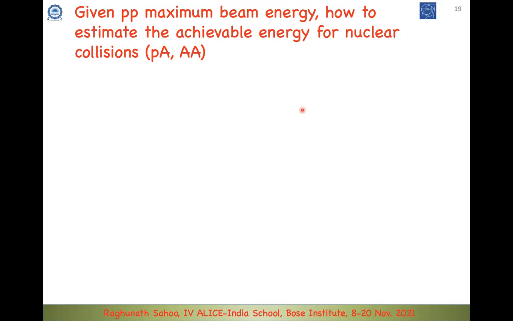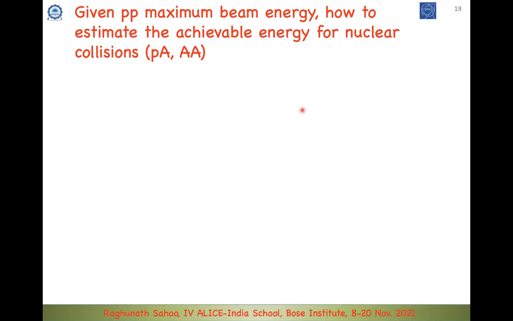If you see the table of whatever energies LHC has taken data at, sometimes it is 5.02 TeV for lead-lead, 5.44 for xenon-xenon. So now the question is, is it abrupt, or is there a fast-hand calculation that, if the energy achievable for pp collision is 2.76, 900 GeV or 13 TeV, then your corresponding pA or AA collision energy will be whatever I told you initially?